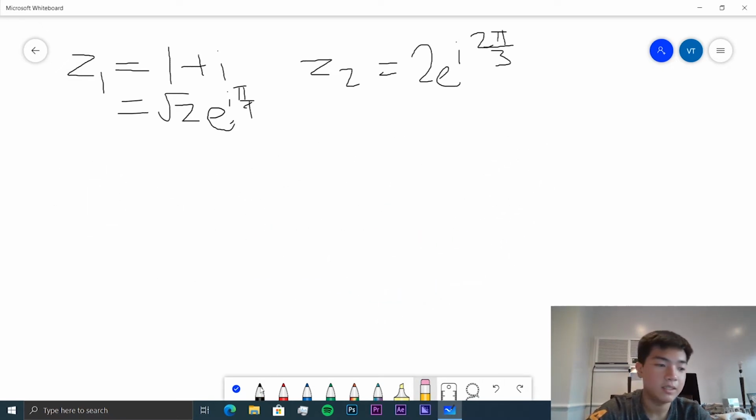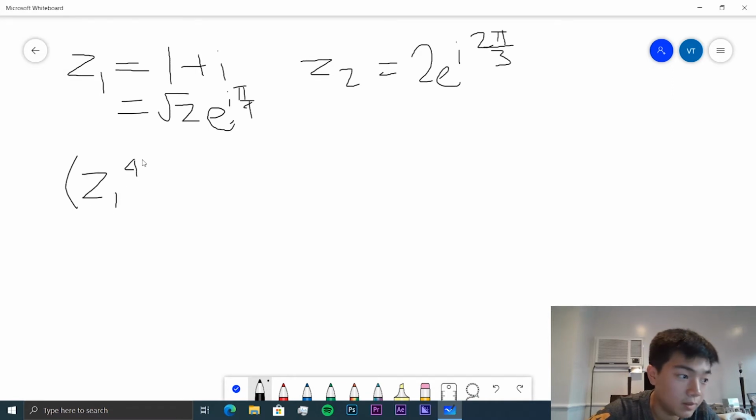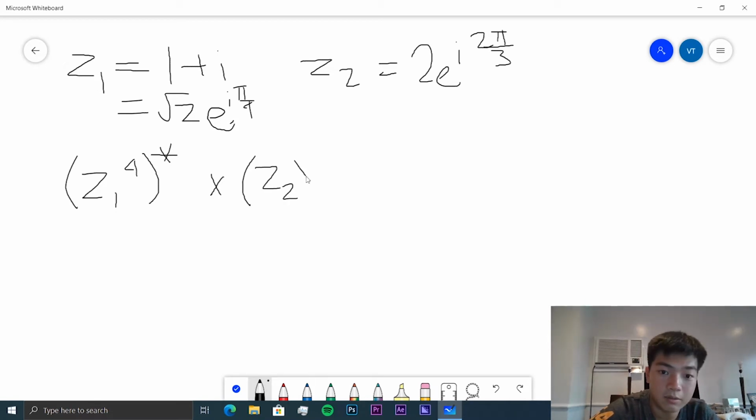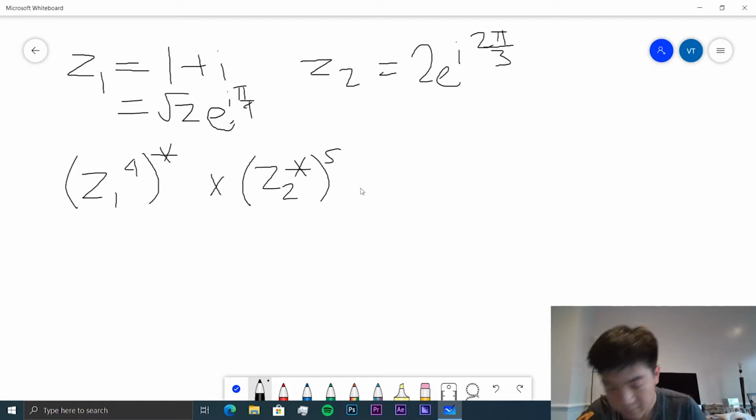The next one we need to do is z1 to the power 4, times the conjugate of z2 to the power 5. Just remember that the conjugate is equal to the negative of the angle with the same modulus.